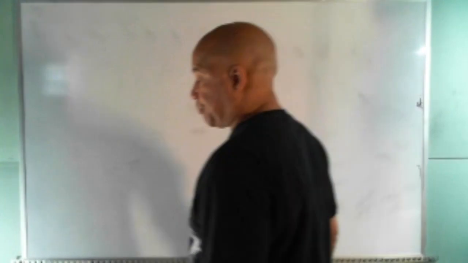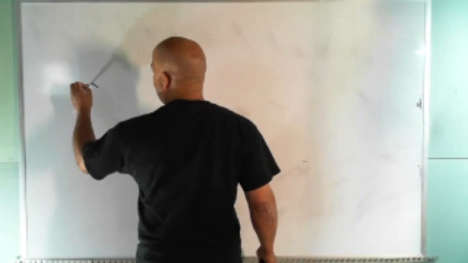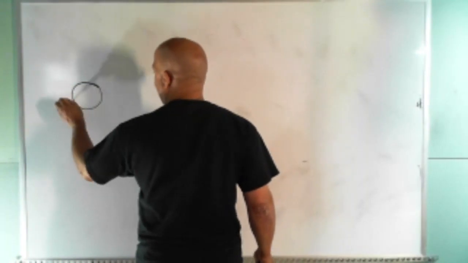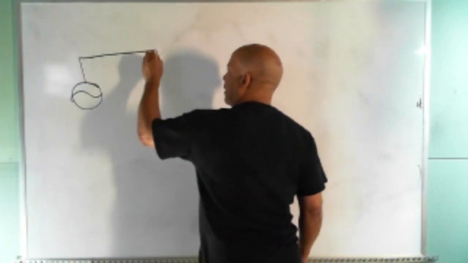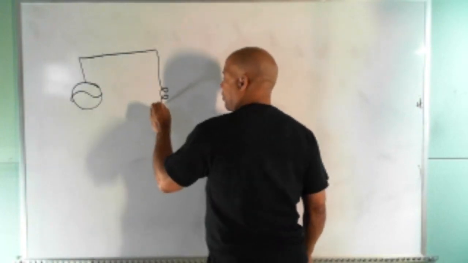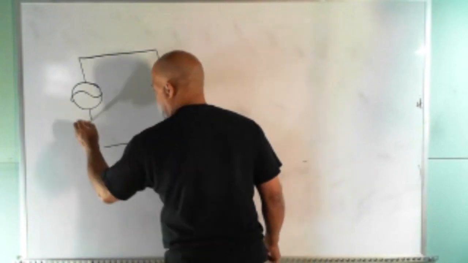For the next one, it says the response of an inductor to a sinusoidal waveform. You might remember from DC, an inductor is nothing more than a coil of wire. So instead of my circuit having a resistor in it, it now has an inductor in it, like that.